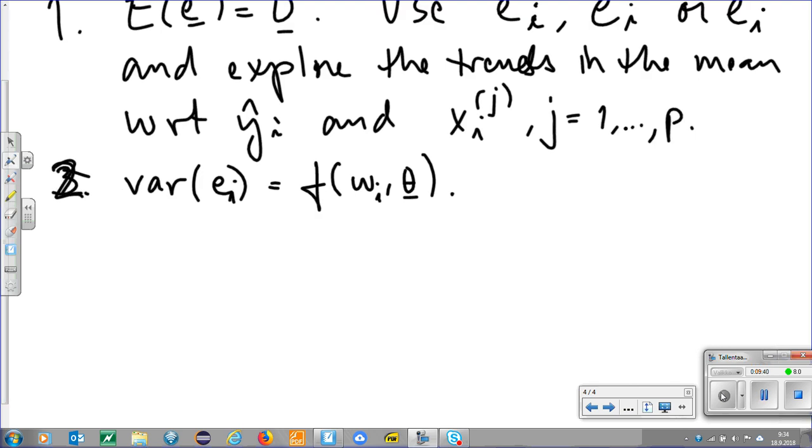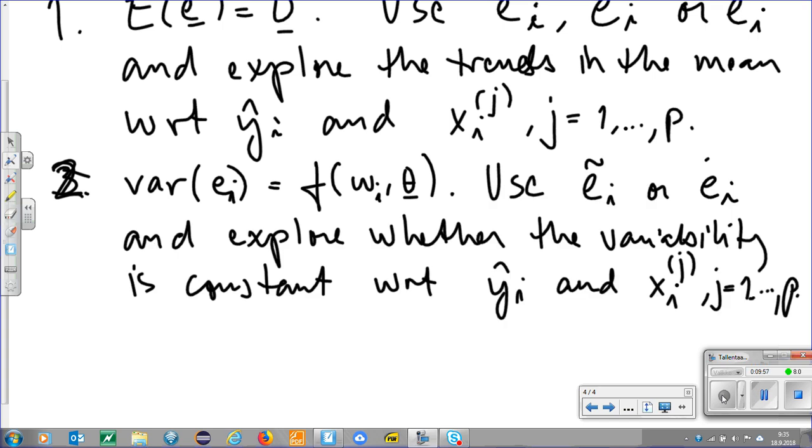And then the assumption about the variance of residual errors. In this case, we separate the assumption about the variance and correlation because they are explored in different ways. So first, the assumption about the variance function.